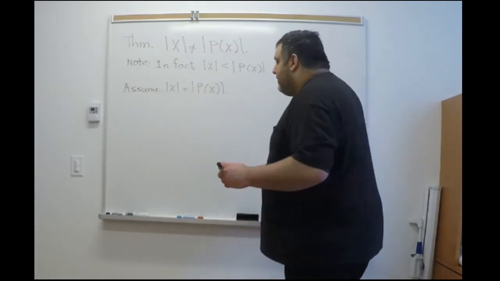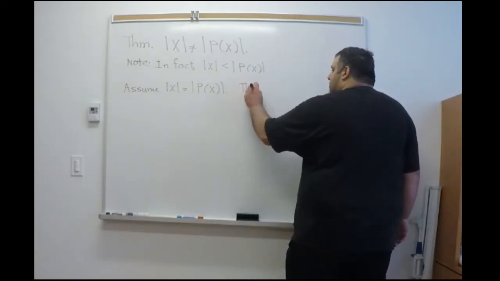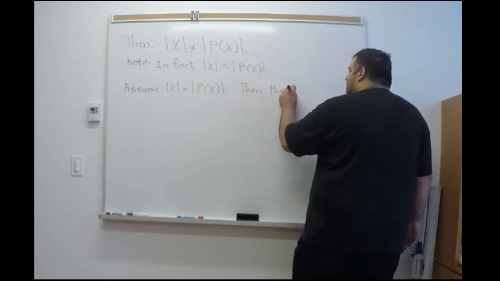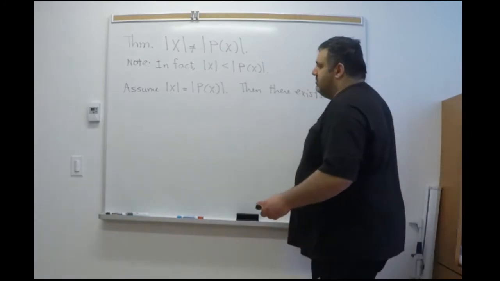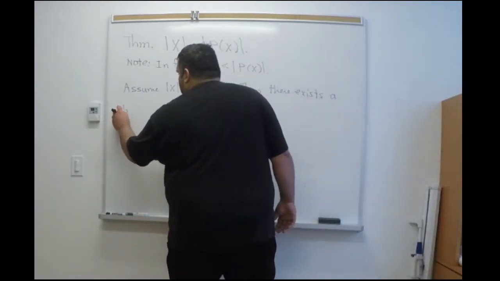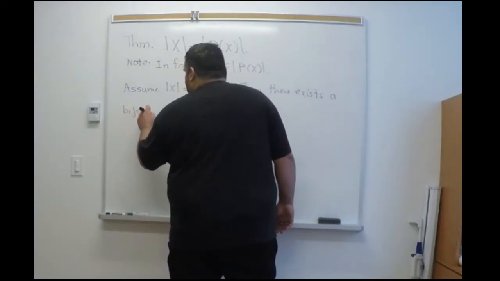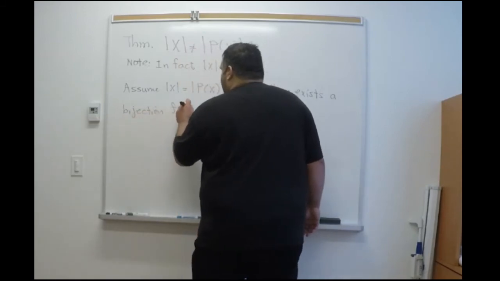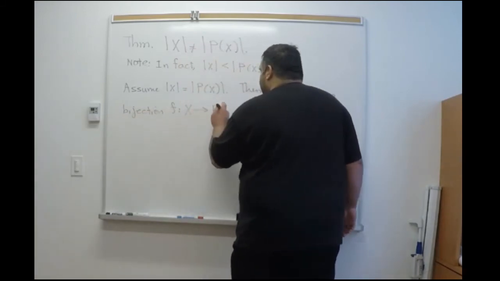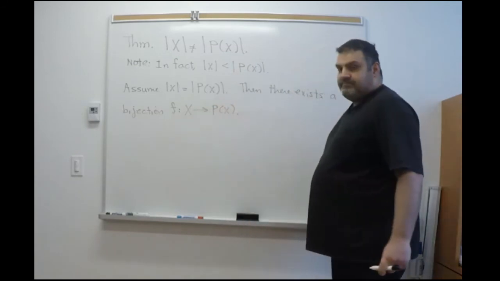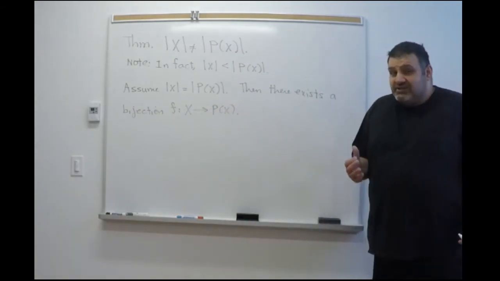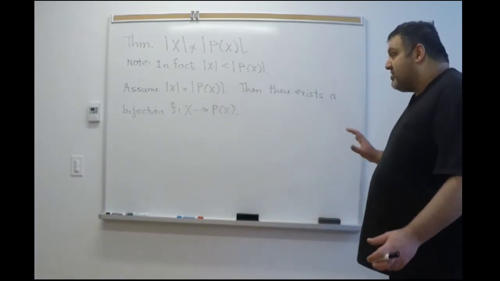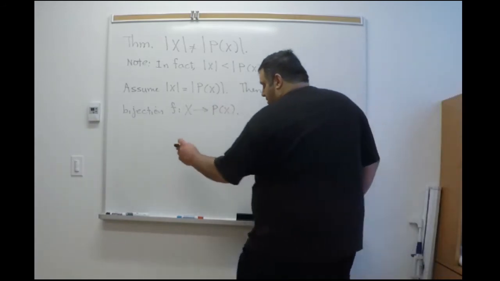Okay? Then there exists a bijection f from X to the power set. Now, first of all, we have to understand what this function tells you. So maybe picture-wise this is easier to see.